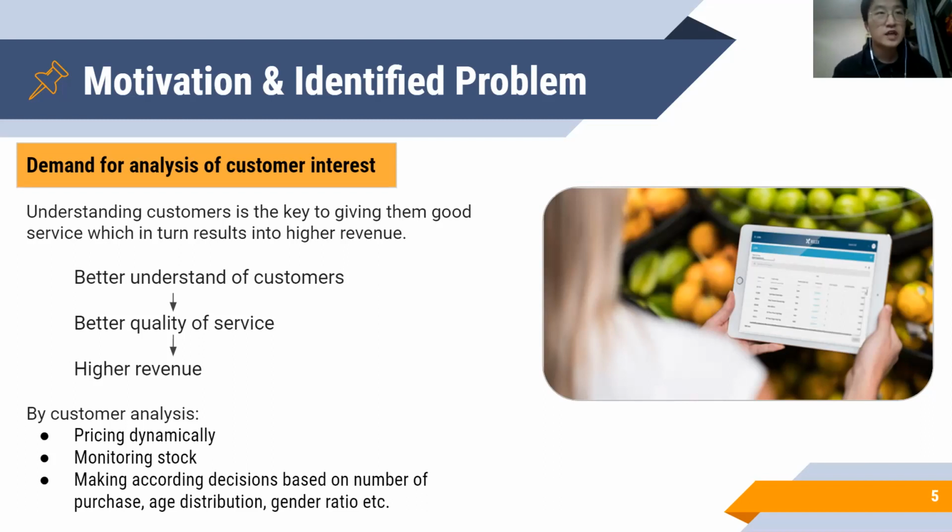We can do customer analysis to price the goods dynamically and monitor the stock. At the same time, we can make decisions based on customer interest and any features of the customer group.